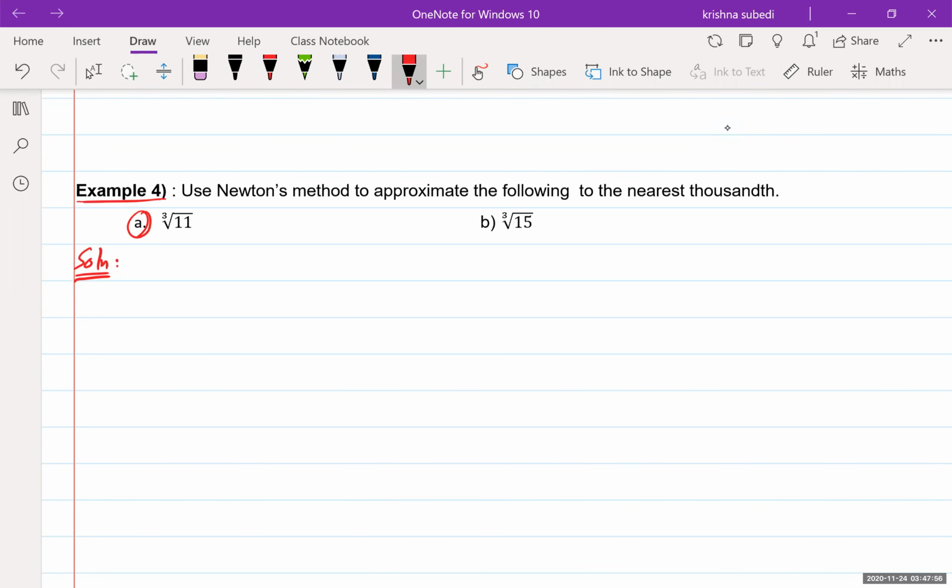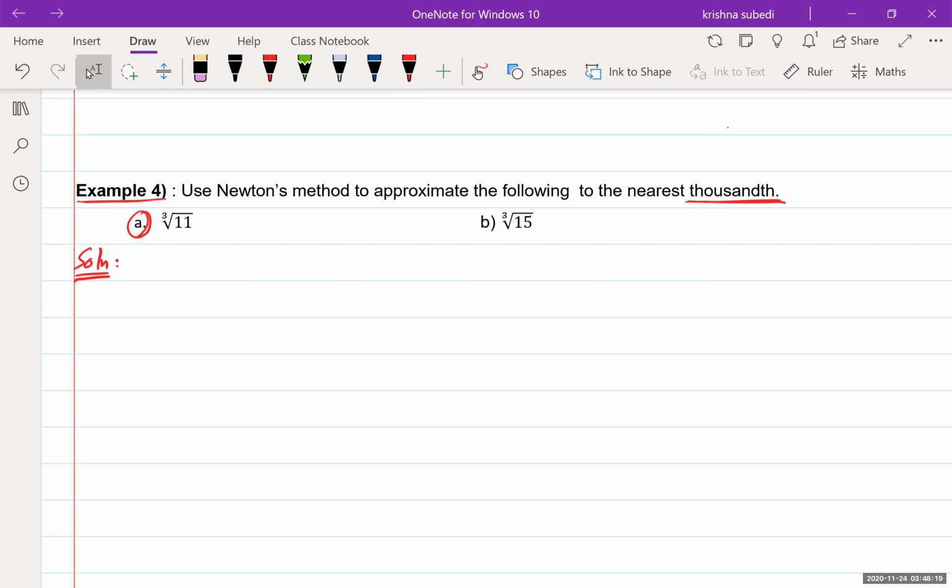Okay, so example 4, use Newton's method to approximate the following to the nearest thousandth. Nearest thousandth, so keep that in mind. If you're allowed to use your calculator and find the value of this number, it's pretty easy, but here we are told to use Newton's method.